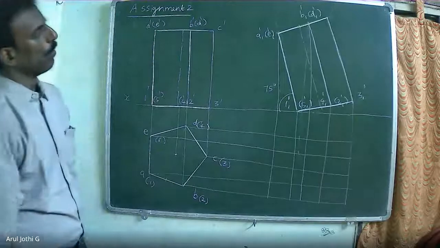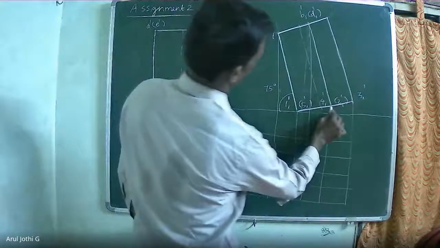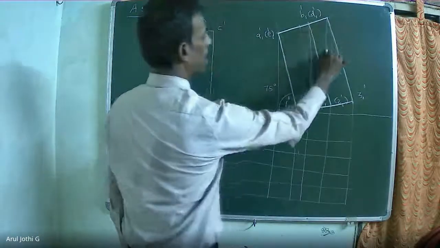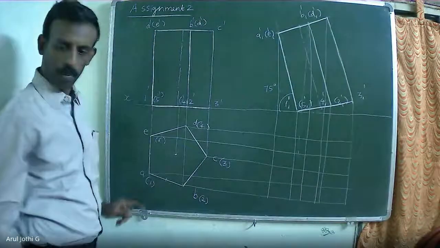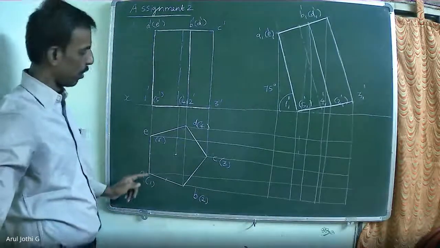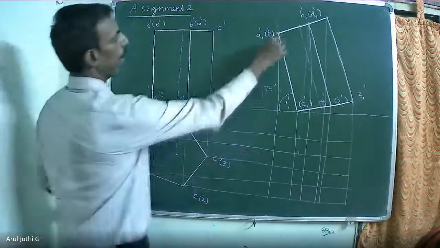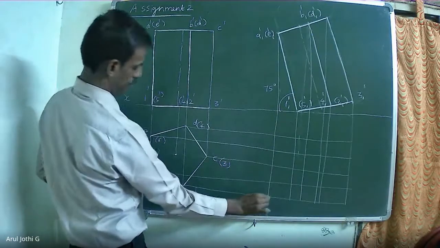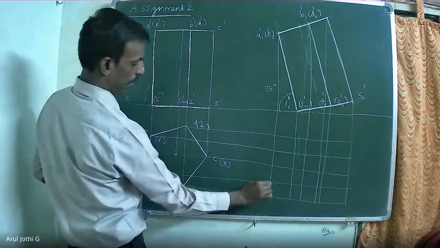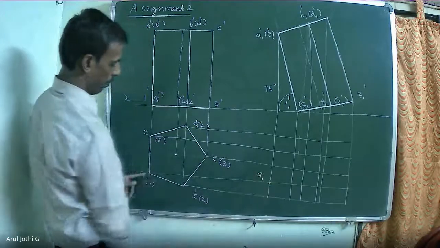Okay. Now we have to mark the intersection points. Now extend the corner point A from the initial top view horizontally, A1 dash from the final front view. Both the A's will be intersecting, forming A1.